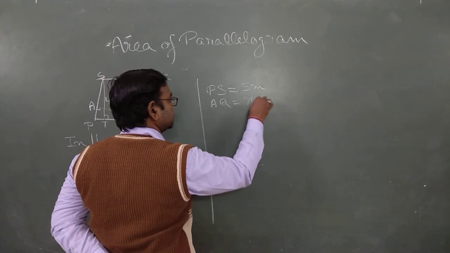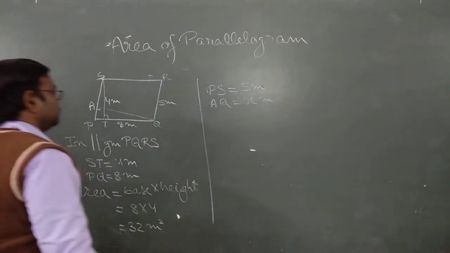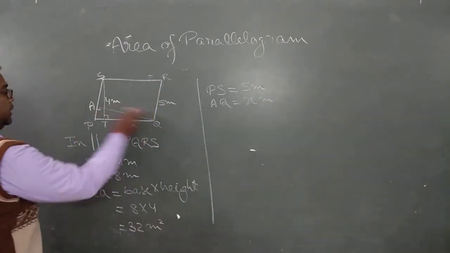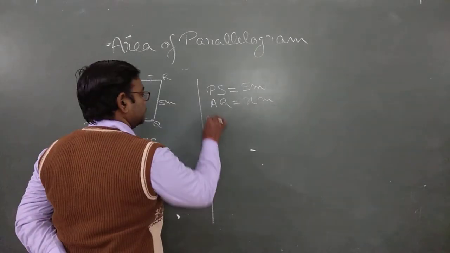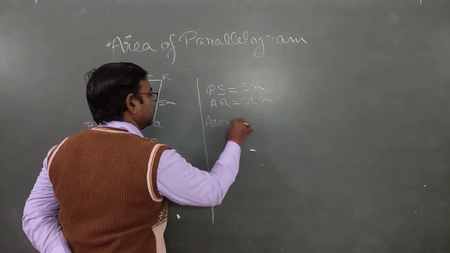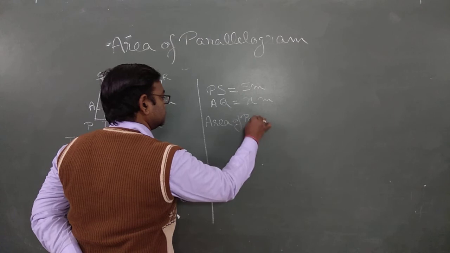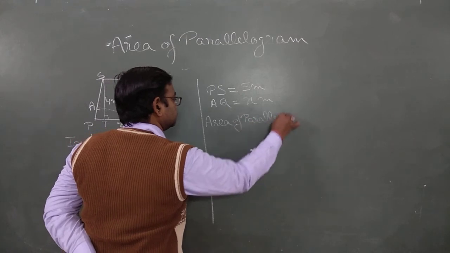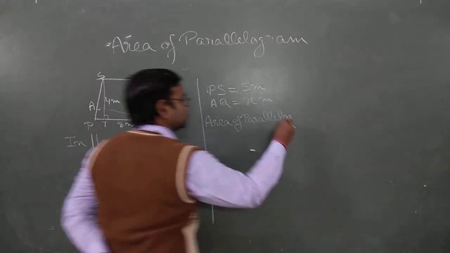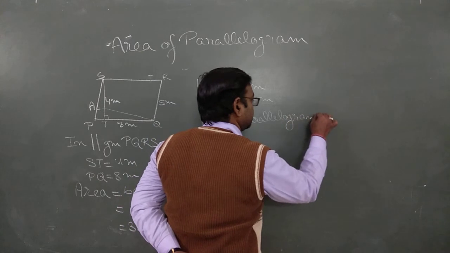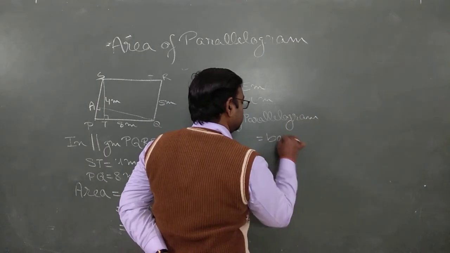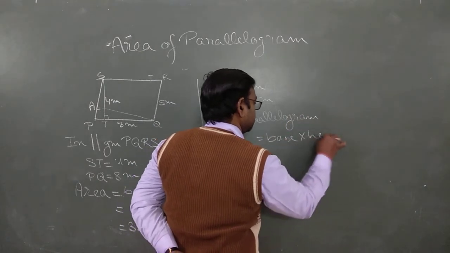Suppose it's X meter, and we have to find the distance between the shorter sides. So area of parallelogram equals, as we know, base into height.